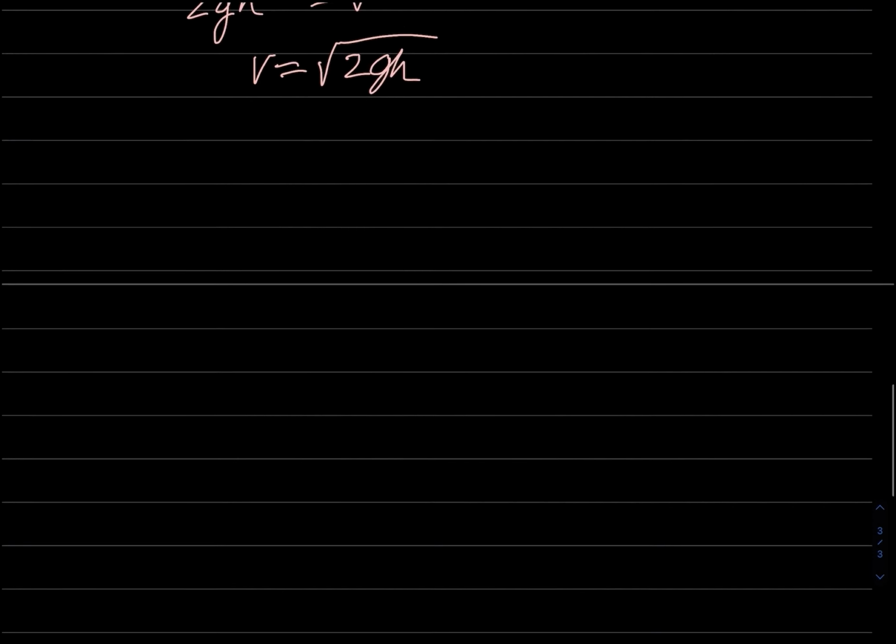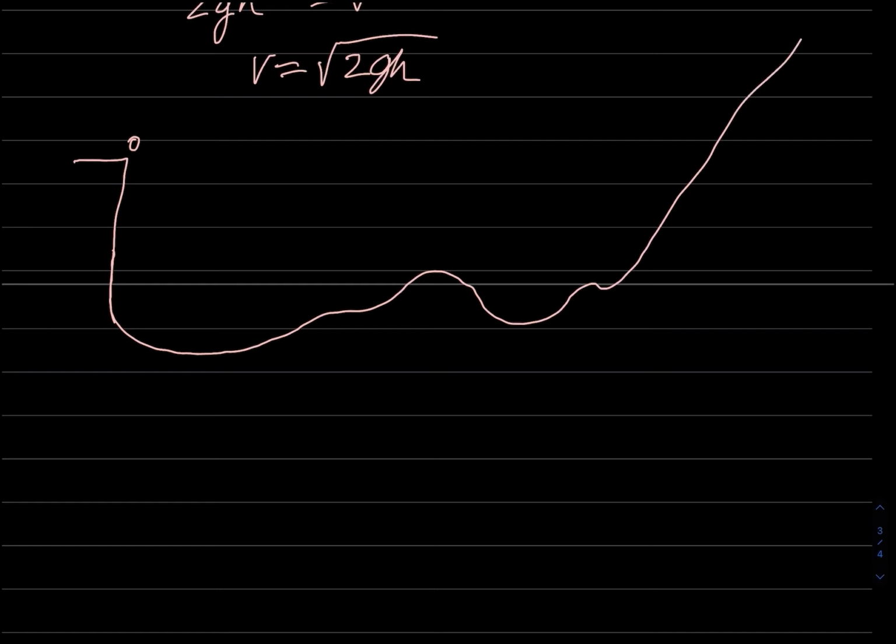Let's take a similar situation. We have a mass that's going to fall off the cliff, and it's going to swoop around, and there's a hill and another hill, and it's going to go back down, and another hill, and then it's going to head up. And our question is, how high is this mass going to get before it finally runs out of kinetic energy and stops?